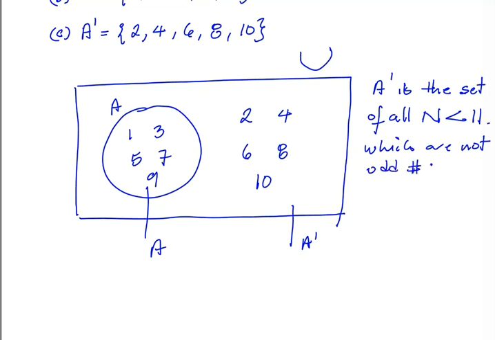Remember, A is odd numbers, so A complement would be all elements which are not odd numbers. I could also say that A complement is the set of even numbers which are less than 11. All right. So that's the end of sets 1.